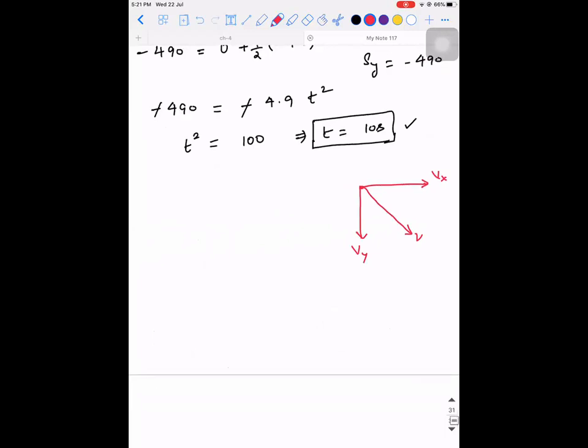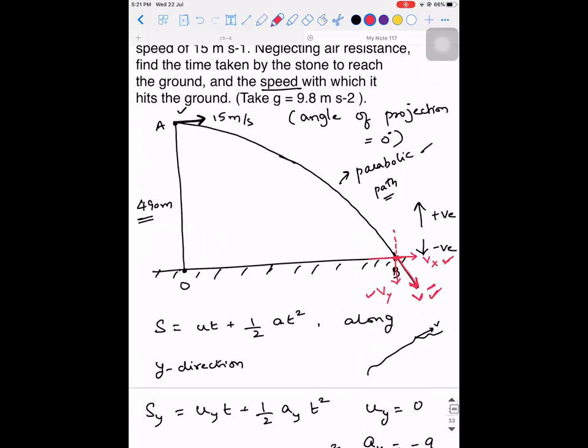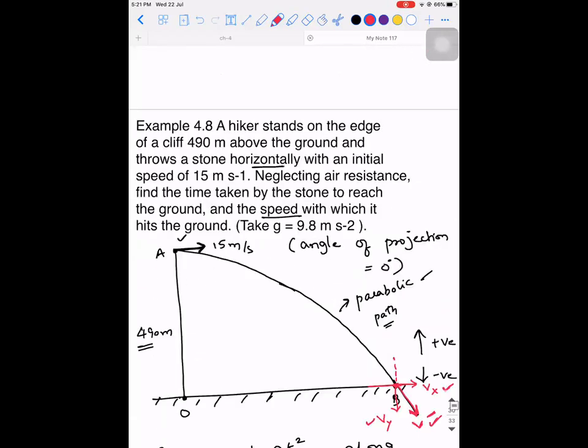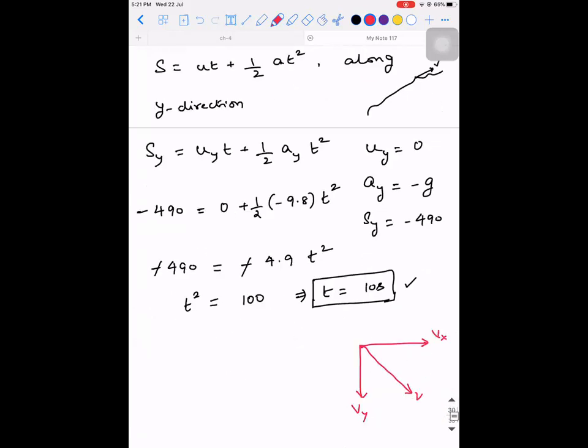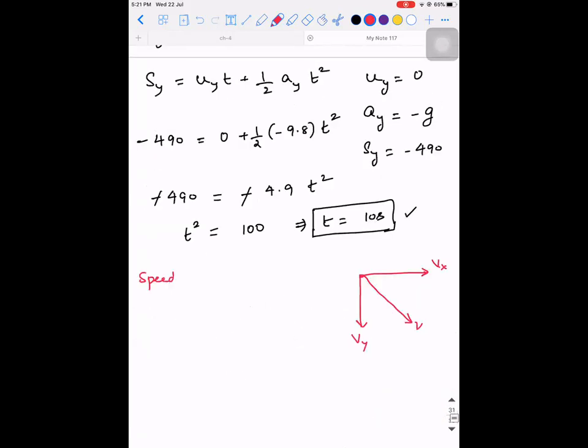Now, what have they asked us to calculate? Have they asked us to calculate the velocity or speed? See, each word makes a difference. Please be careful. They've asked us to calculate the speed. See, speed is nothing but the magnitude of velocity. Okay.